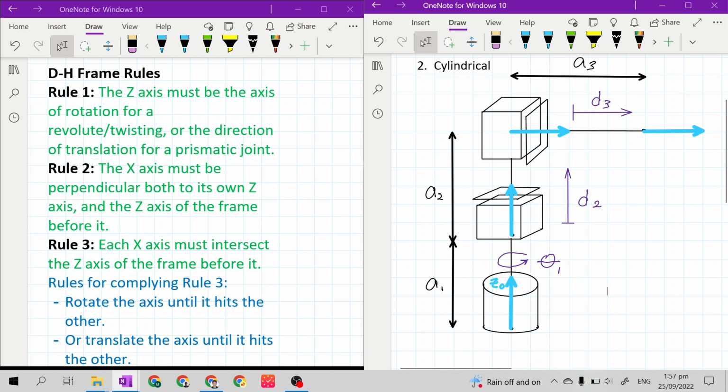So if n is equal to 1, the first frame is equal to 0. So this is frame 0, this is frame 1, next is frame 2, and lastly, frame 3.